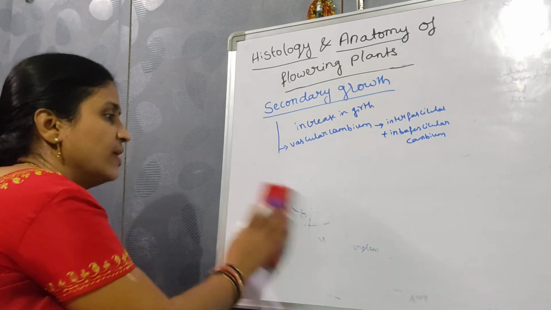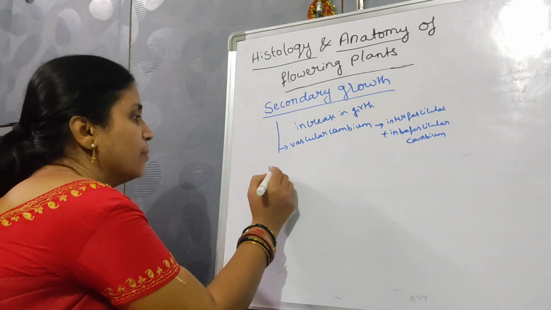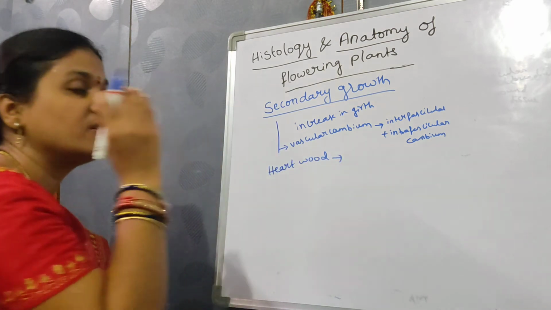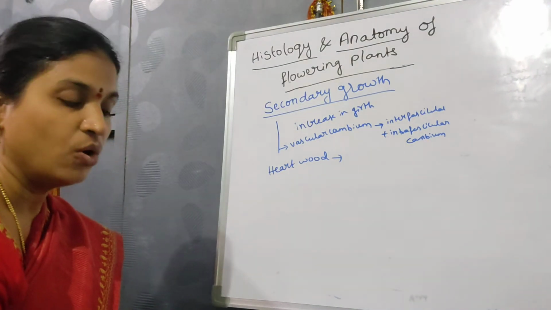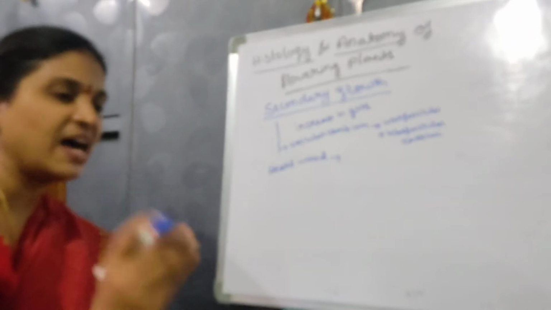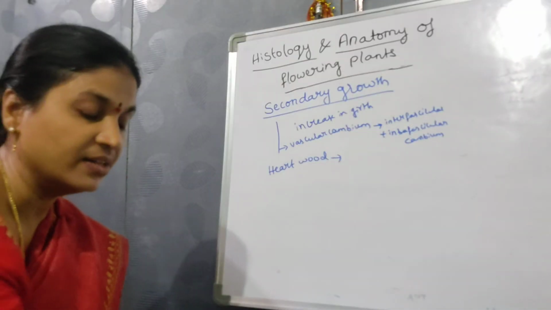Another one in the vascular cambium itself: it is having heartwood and sapwood. Heartwood is the innermost central region of the stem, where it is dark brown in color because of the deposition of tannins, resins, gums, aromatic substances.